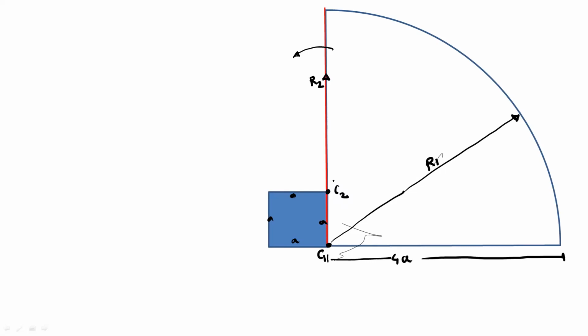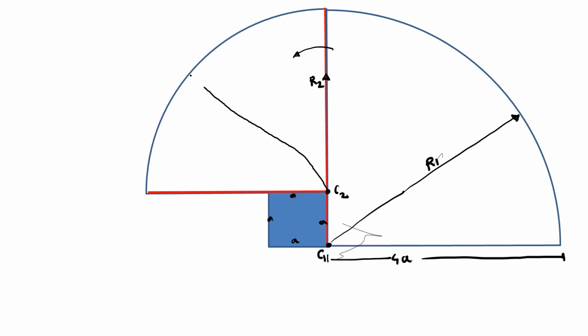The next curve will be like this. This radius is equal to R2, and this is the center. Now, after this point, you can name the points.